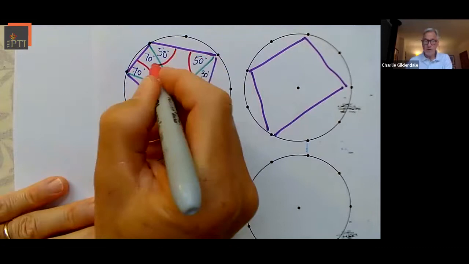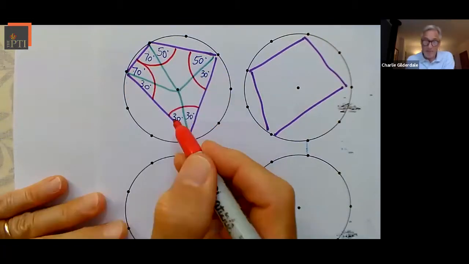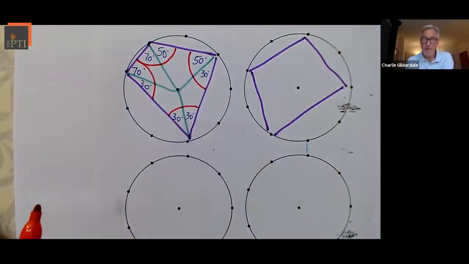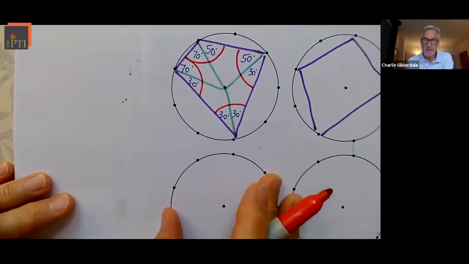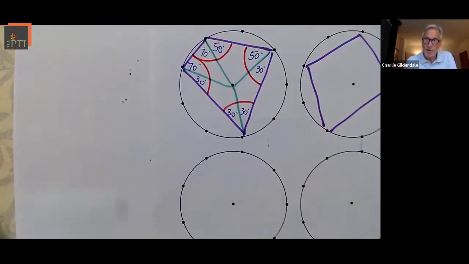of the original quadrilateral. And one of the things I do is I ask them to give me the angles in order. So I don't mind where they start. I don't mind whether they go clockwise or anti-clockwise, but once they've started going in one direction, I want them to carry on in the same direction.